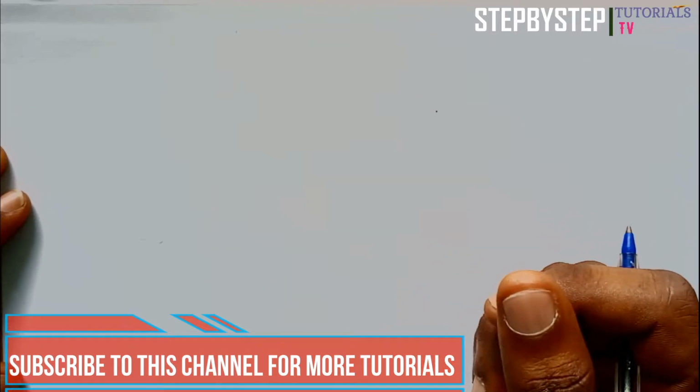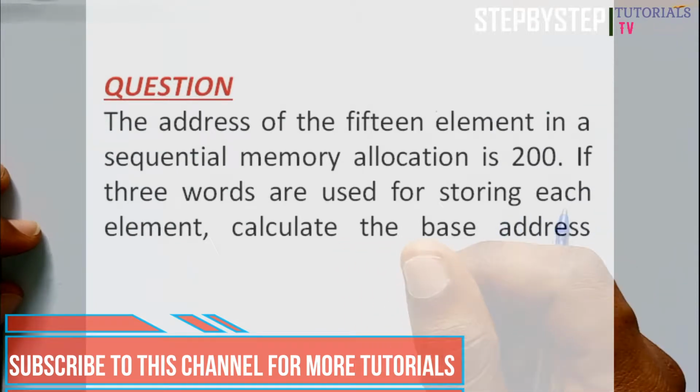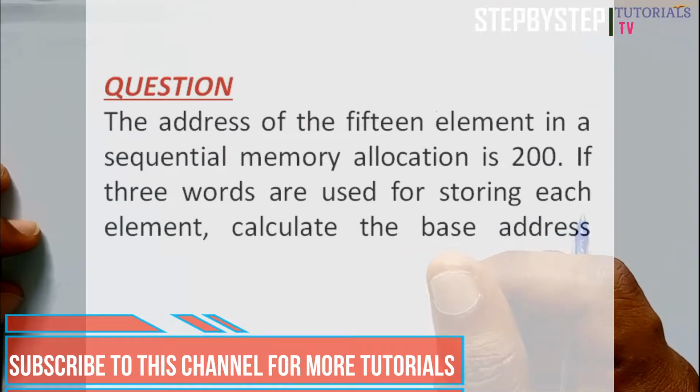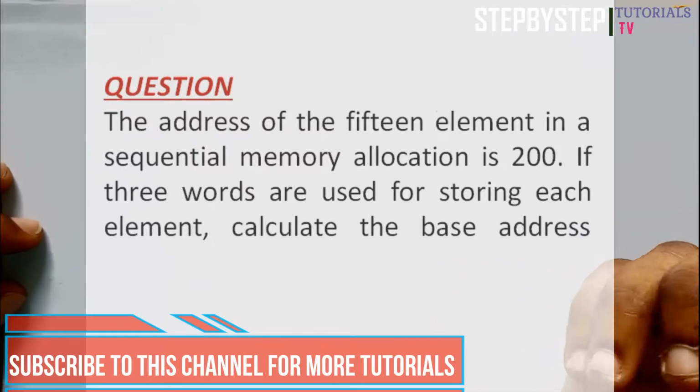Okay, so question, example 2 says the address of the 15th element in a sequential memory allocation is 200. If 3 words are used for storing each element, calculate the base address.